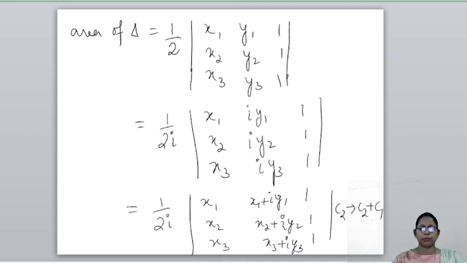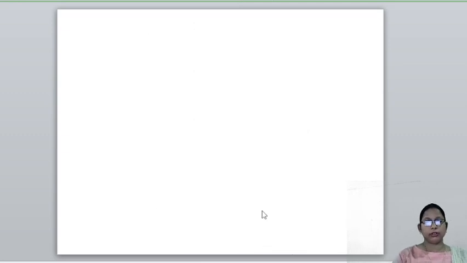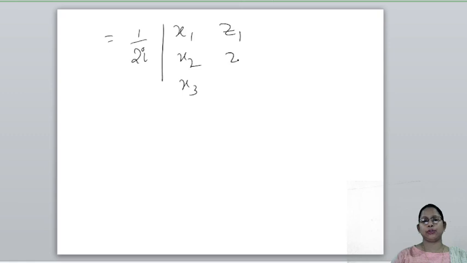By our assumption, this is z1, this is z2, this is z3. So in the next step it will be 1 by 2i modulus of the determinant of x1, x2, x3, then z1, z2, z3, then 1, 1, 1.